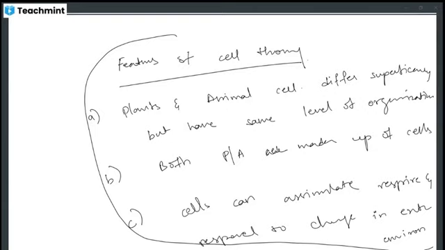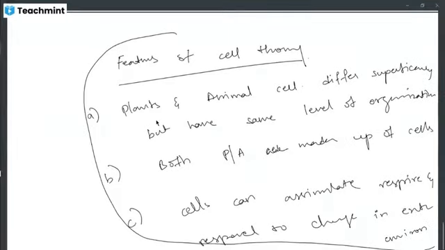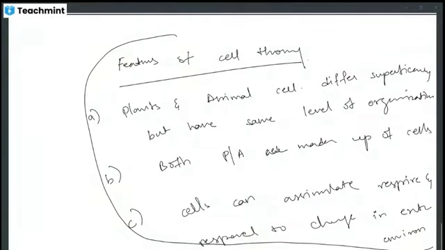Okay. So now we'll go to the question, where it is given that the following are the features of your cell theory. Point number 1, plant and animal cells differ superficially but have the same level of organization. B, both plants and animals are made up of cells. And C, cells can assimilate, respire and respond to change in the external environment. So among these three, how many will fall under the cell theory? Do you guys think all three will fall? The first two?